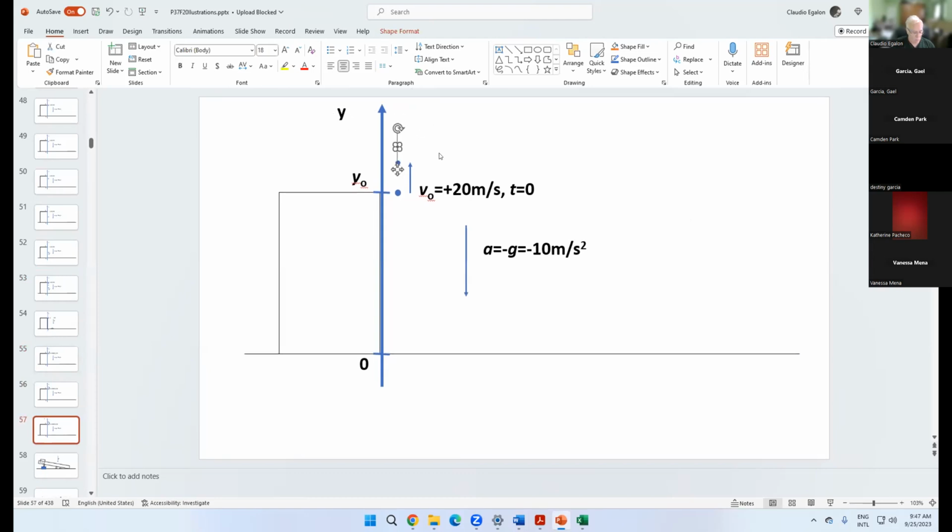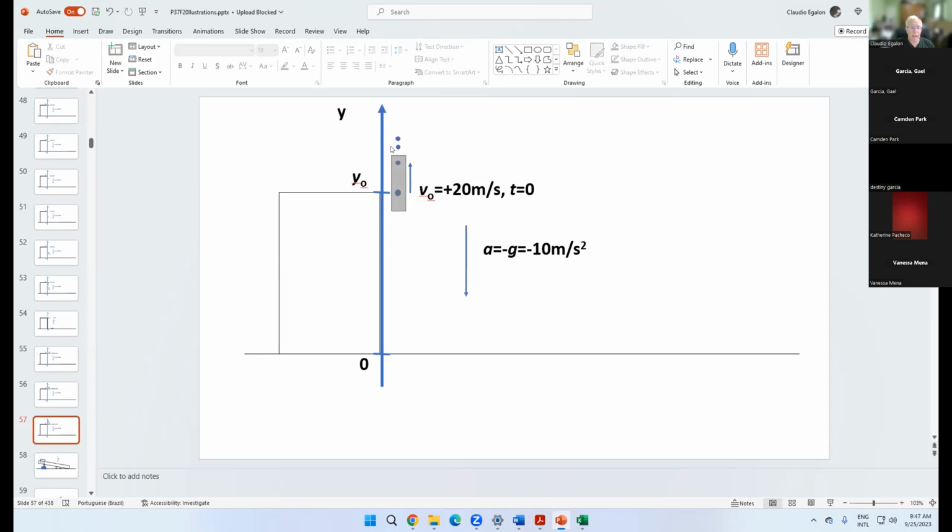Until the particle reaches its maximum height, and it's going to be instantaneously at rest. At this point, it's instantaneously at rest, and then it's going to fall back.